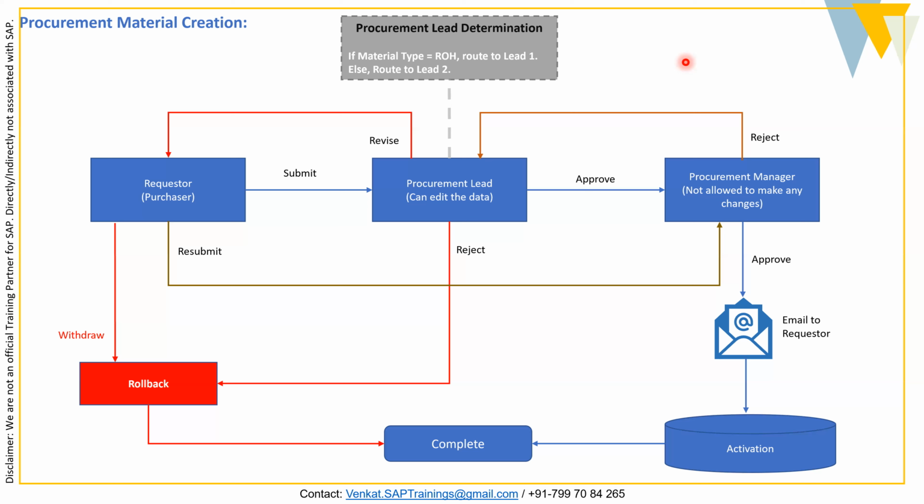If they reject, then we will send for revision. The moment the request is submitted, it will go again to the procurement manager for approval. If the workflow is rejected again, then we'll set it for rollback or withdraw. If not, then we'll complete the activation, and that will complete the CR process.